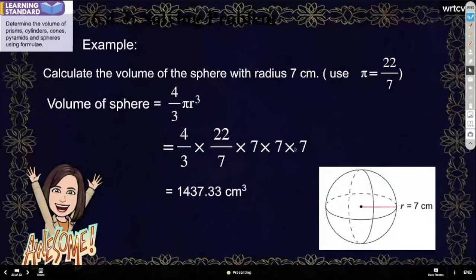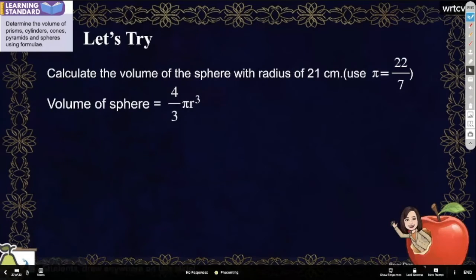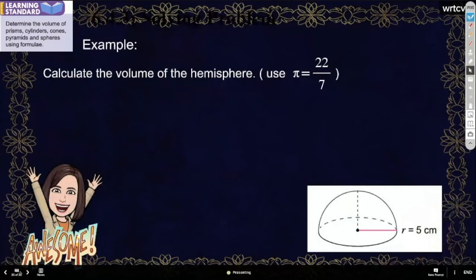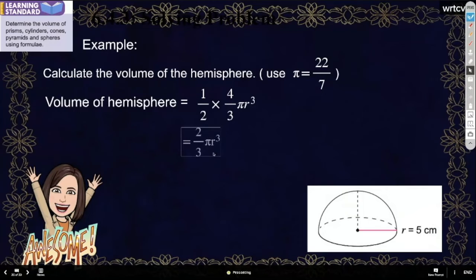Okay, the next one is the hemisphere. Okay, hemisphere, you know that is half of it, separuh daripada sfera. So ada rumus dia adalah, sorry, tertekan pula. Okay, hemisphere. So 1/2 so adalah 2/3 pi r kuasa 3. Okay, so masukkan nilai lah. R dia adalah 5, so 5 darab 3 kali.